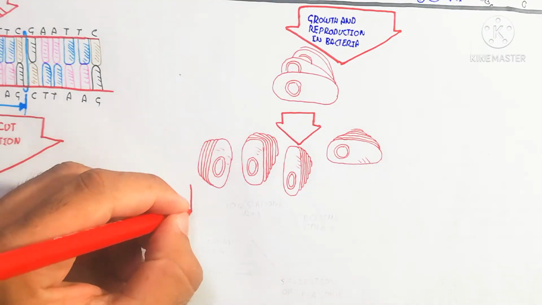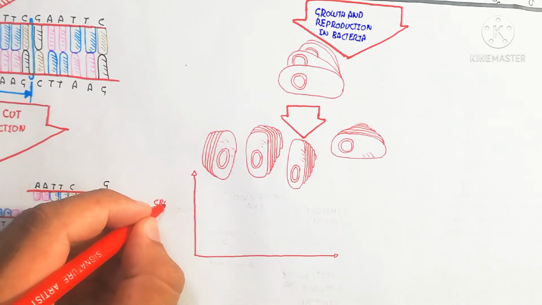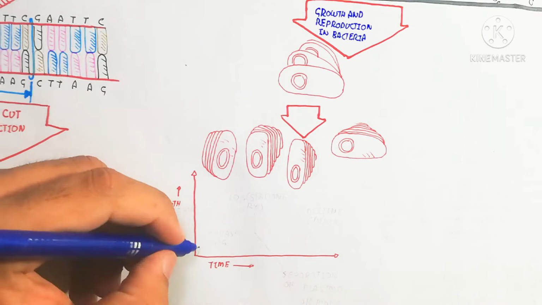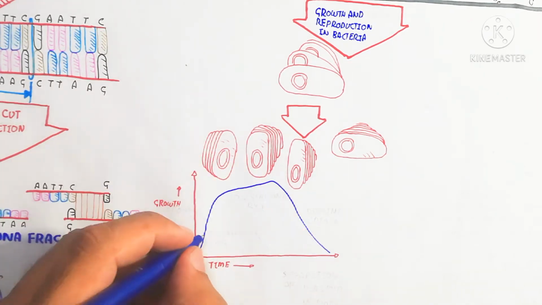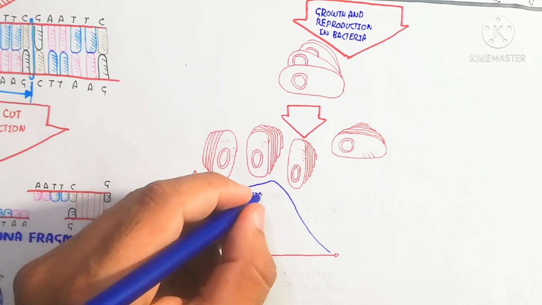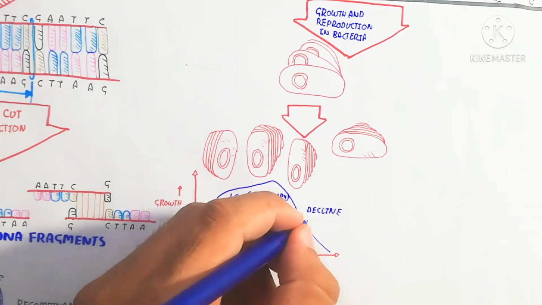Here, growth and reproduction in bacteria will occur after providing nutrients. When we provide the nutrients, the plasmid is replicated, copies of the gene are produced, and many more bacteria will be formed.